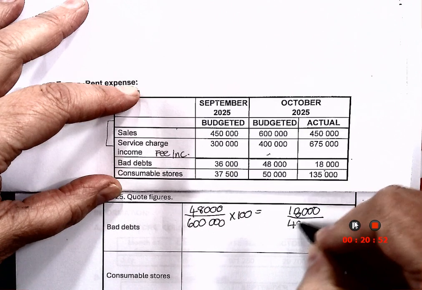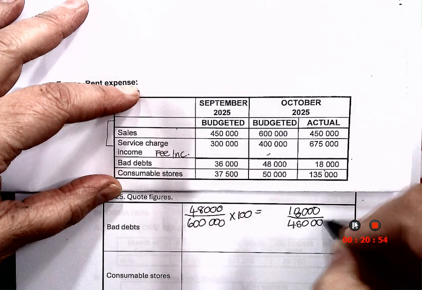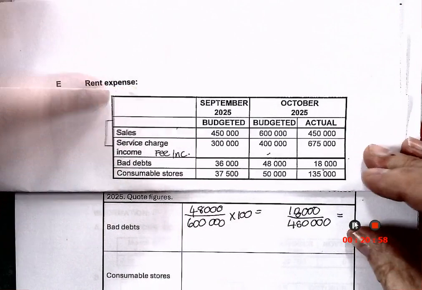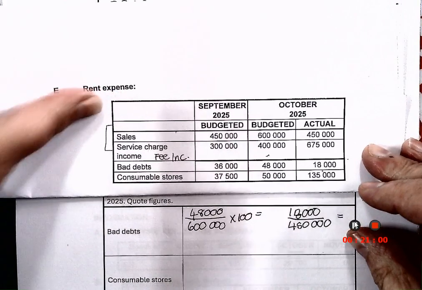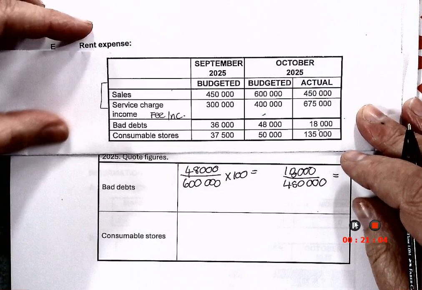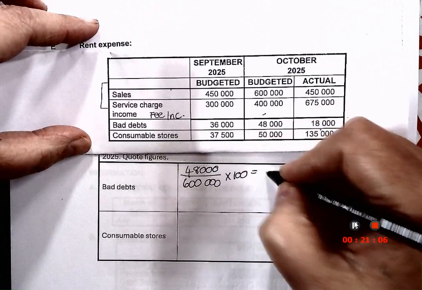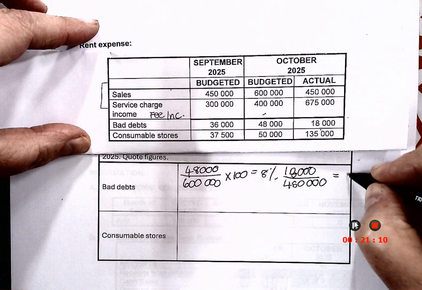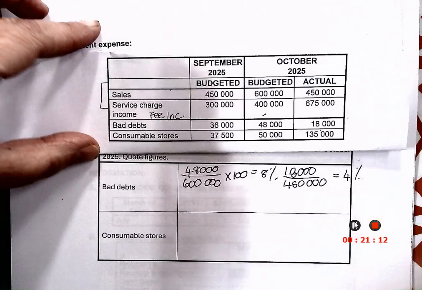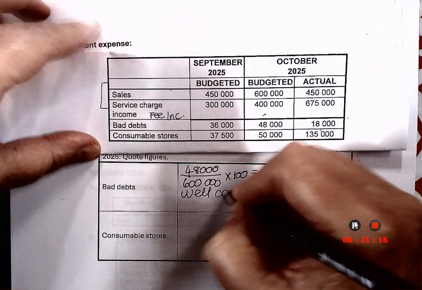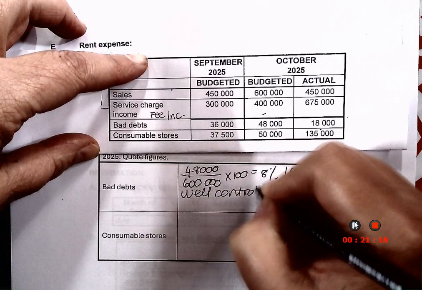So what is the budgeted percentage, and what is the actual percentage? 8%, and this one, 4%. Can you see it's well controlled? It didn't decrease, it's less.